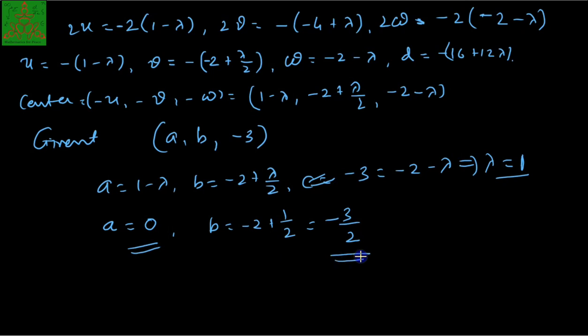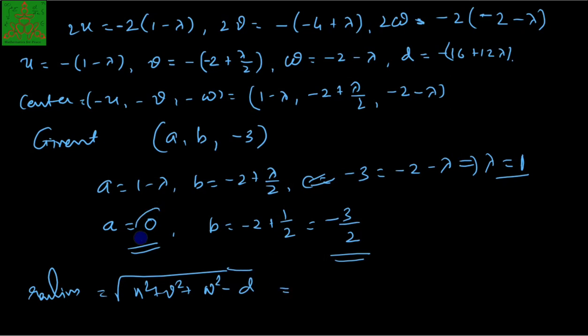And if we substitute into the radius, that is under root of u square plus v square plus w square minus d. The u square is a square, which is 0. V square is b square, that is 9 by 4, plus w square, which is square of 3, which is 9, minus d.